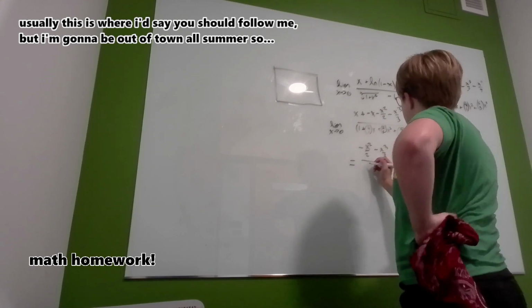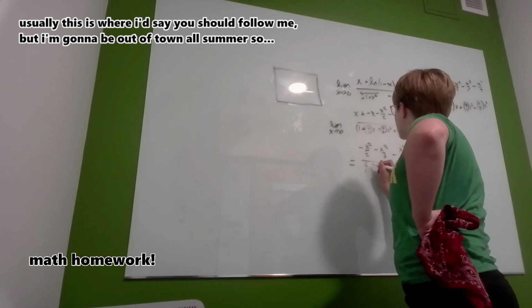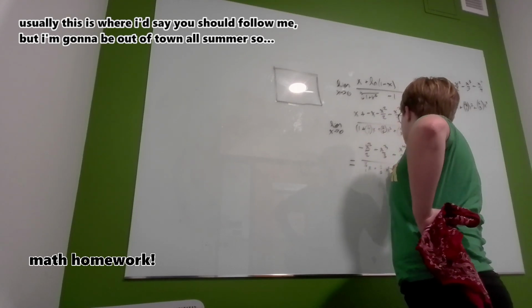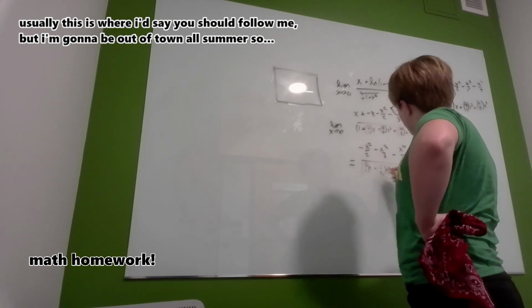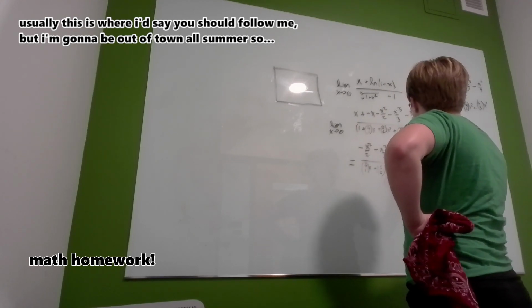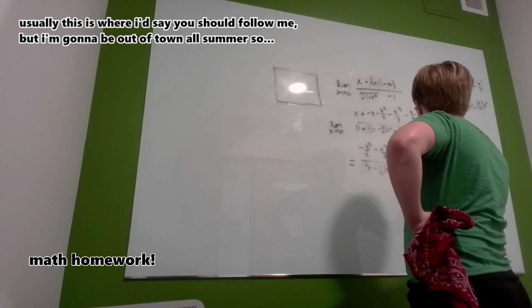And so that is just 1/4 choose 1 x plus 1/4 choose 2 x squared plus 1/4 choose 3 x cubed.